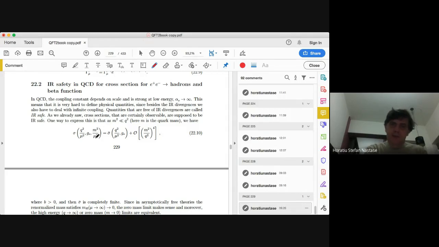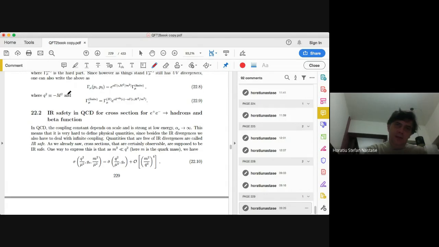But specifically here in dimensional regularization, I would write that it depends on the ratio of the electron mass to the mass scale mu, and also on q squared over mu squared, or equivalently, the way we said here, on the ratio of the capital M mass and the mass scale.